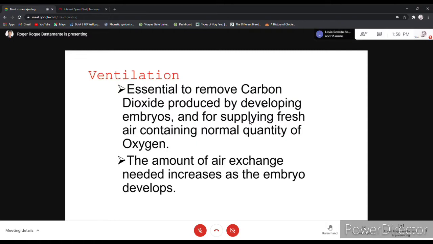A proper or good ventilator should be installed, especially when you build your homemade incubator. If you purchase incubators from companies, they are already complete packages. The amount of air exchange needed increases as the embryo develops.